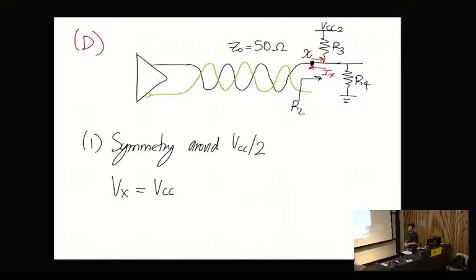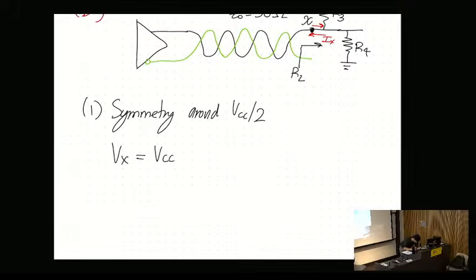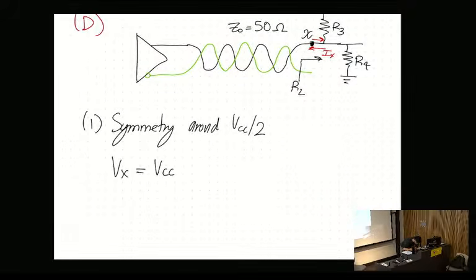So there's two parts of my equation. One is always try and use superposition when you have multiple voltages and multiple currents. So if I just ignore the current for now, what's the voltage at Vx? Yeah, it's just the supply divided by 2.